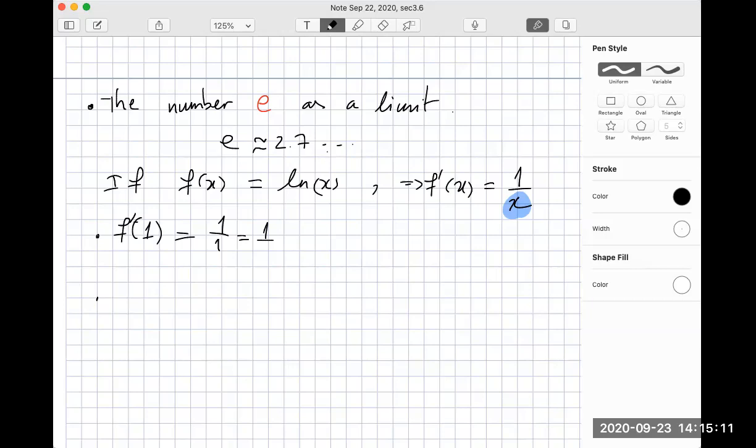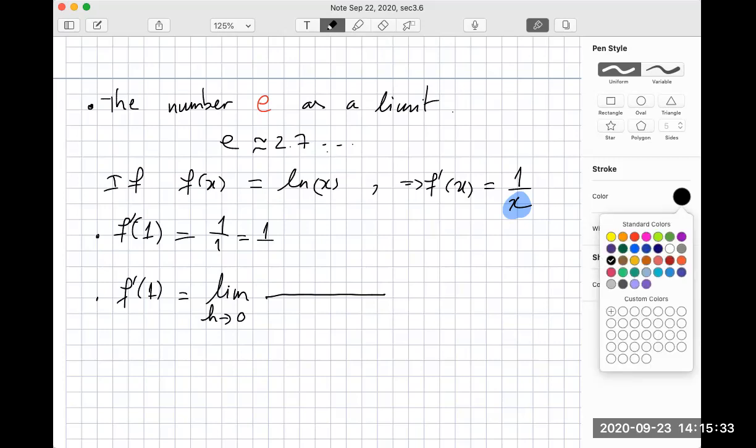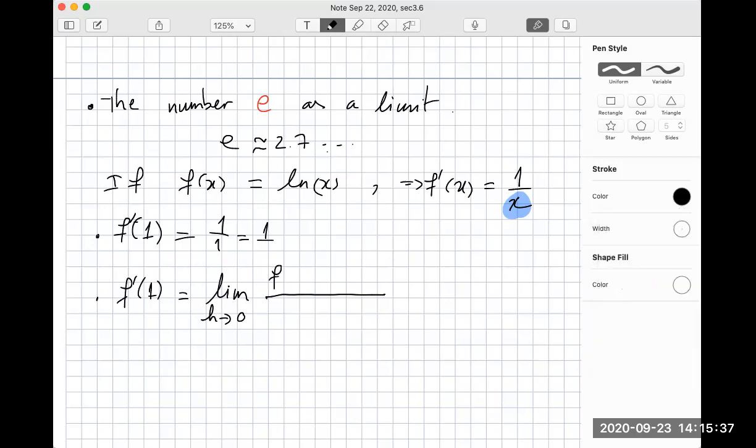We can do it using the definition of the derivative of this function at 1. Do you remember the limit of what? We need to compute the limit of the derivative at 1. Yes, f of 1 plus h minus f of 1, divided by h here. Now, where f of x is natural log of x, what is f of 1 plus h here?